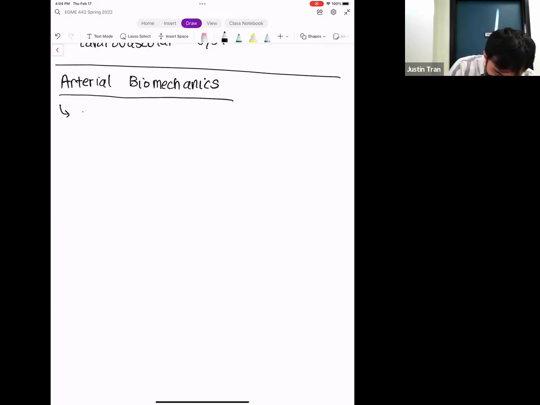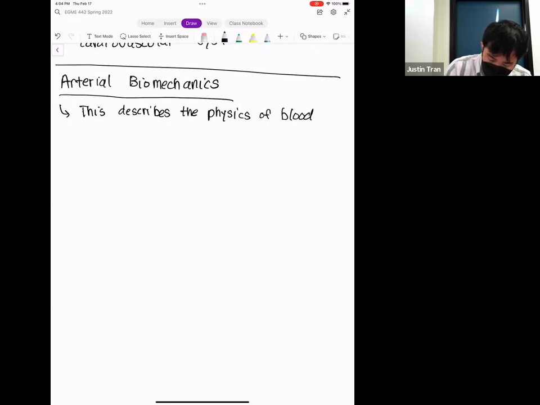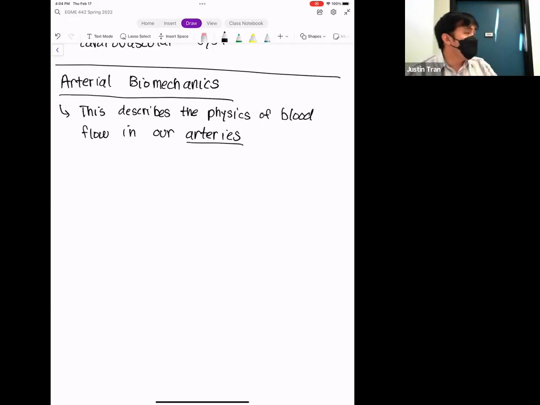Okay. And if you remember from our discussion of anatomy and physiology, arteries are blood vessels that take blood away from the heart. Okay.